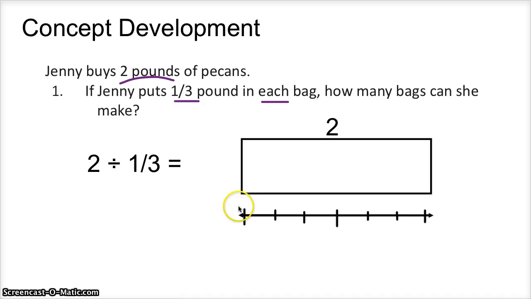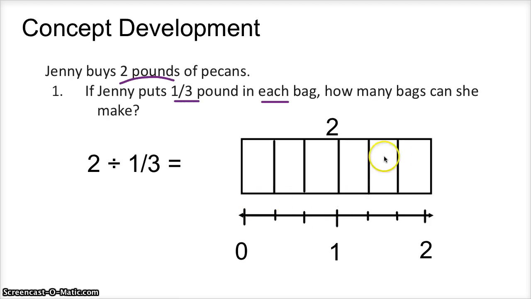So I'm still going to draw that number line, still put in my numbers, 0 pounds, 1 pound, 2 pounds, but this time I've split it into thirds instead of halves. So how many thirds can she make? If each bag is 1/3 of a bag, how many bags? There's 1, 2, 3, 4, 5, 6 is my last 2. So 2 divided by 1/3 equals 6 bags. This is getting smaller. What's happening here?